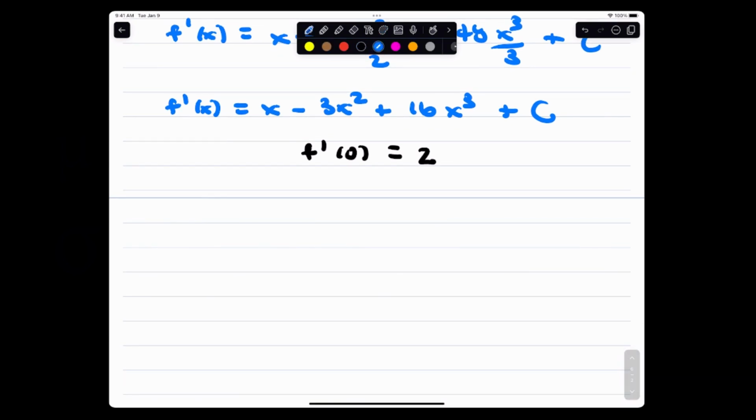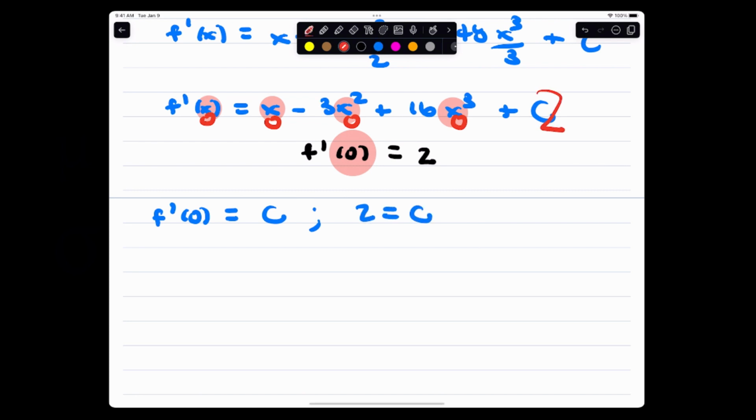So plug in the 0, right? Plug in that 0 there. And I really like 0. 0 is my favorite number to work with because this now means, if we look at every detail, that f prime of 0 becomes what? C. But f prime of 0 is 2, so that means c is 2.